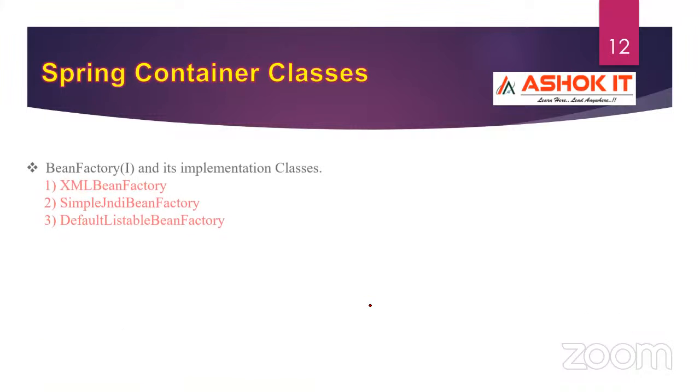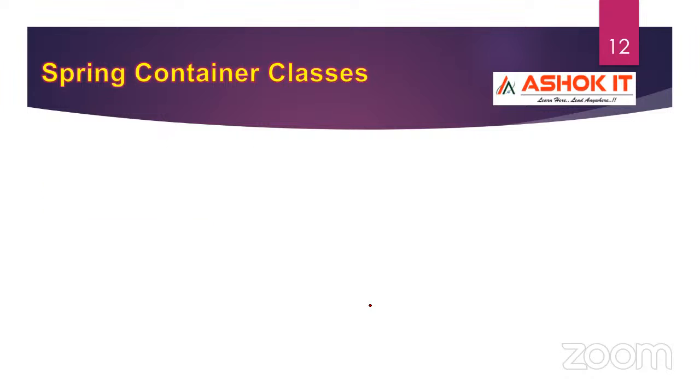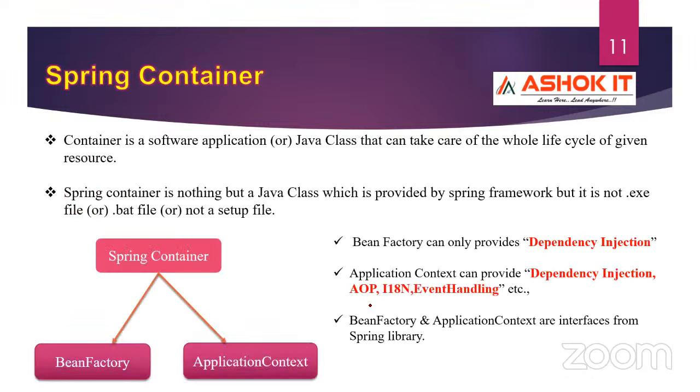So see, guys, these are the implementation classes of the Spring container. Bean Factory is an interface, and application context is an interface. So can we have implementation classes for these interfaces or not?